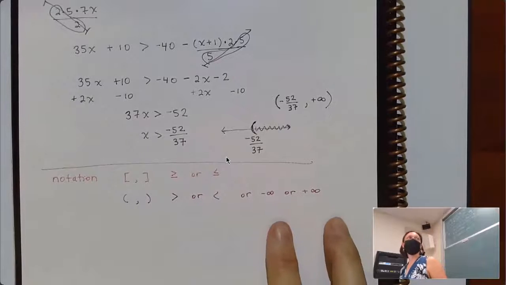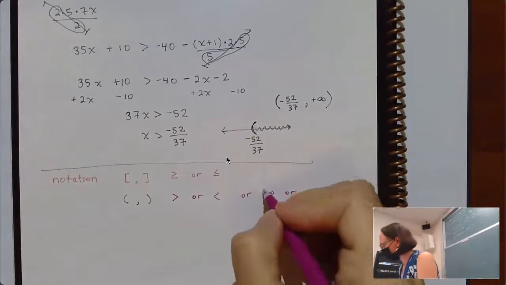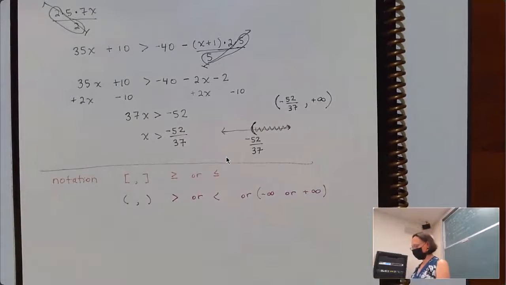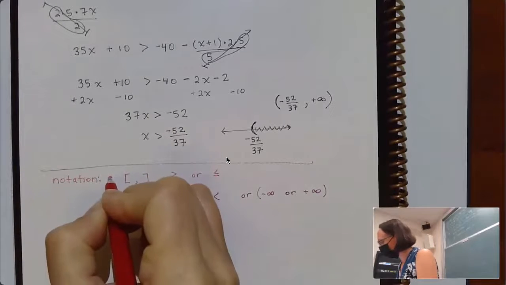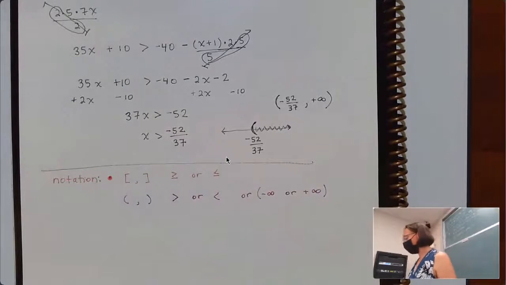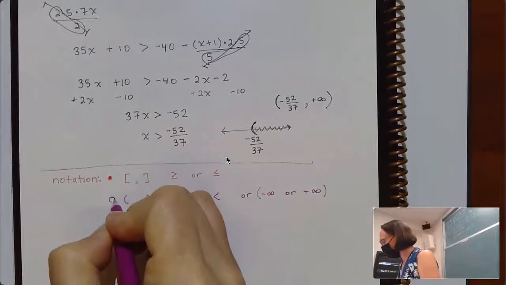The positive and negative infinity always get parentheses no matter where they show up. And I guess just to add to the notation, this would also be like a filled in circle, and this would be an open circle.